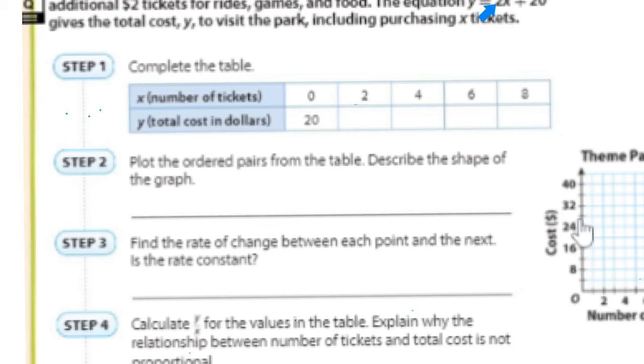So 2 times 2 is 4. 4 plus the 20, of course, is 24. Now use the 4. 2 times 4 is 8. 8 plus 20 is 28.